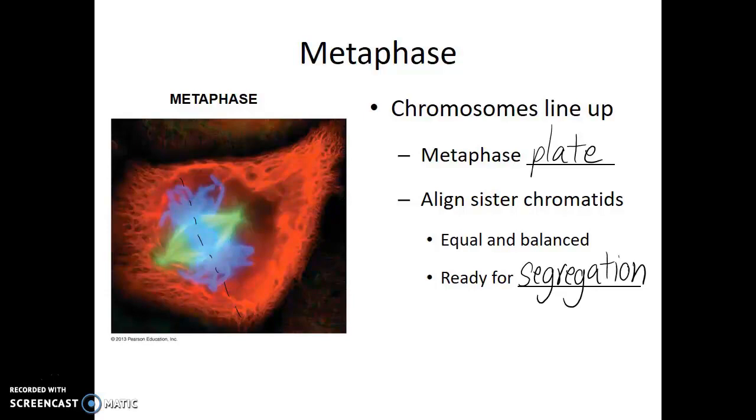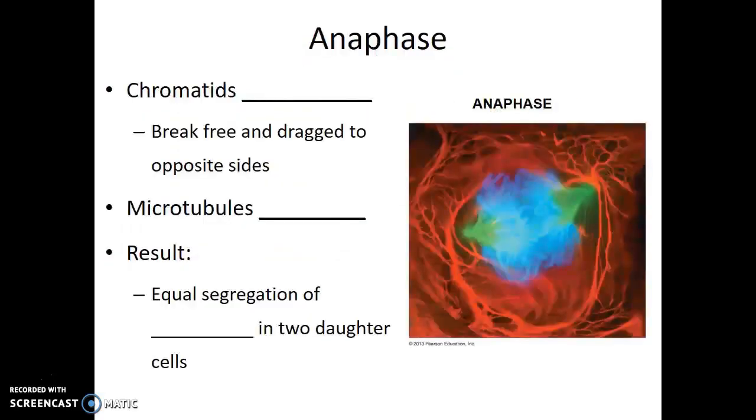Segregation occurs during the next phase of mitosis, known as anaphase. In anaphase, the sister chromatids separate. The sister chromatids break free and are dragged to opposite ends of the cell. The reason why this happens is because the centromere that's holding those two sister chromatids together gets split down the middle, and this is due to the microtubules shortening.